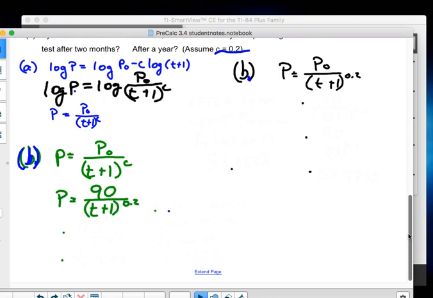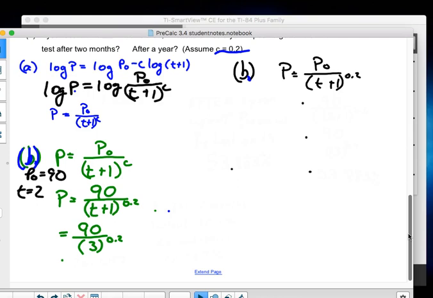Evaluate, solve for T. So what does that mean? T is 2 months, time in months. So here T is equal to 2, and P₀ was equal to 90. So I put in 2, and I get 90 over 3 raised to the 0.2 power. Take your calculator and pop that out.